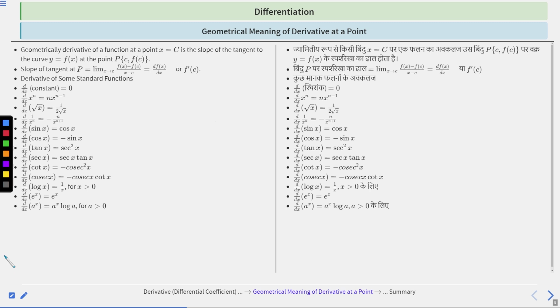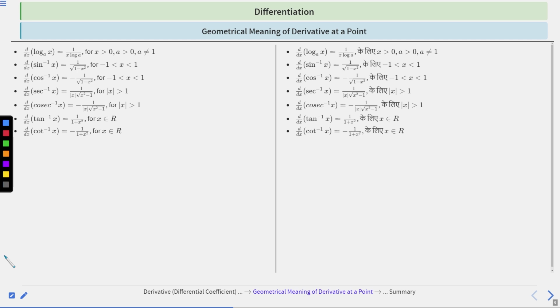These are some important and standard results of derivative of functions, right? Okay. Let's move to the next part, which is derivative of log x base a. See, log x base a can be written as log x upon log a, right? So log a will be in denominator and derivative of log x is 1 by x, right?